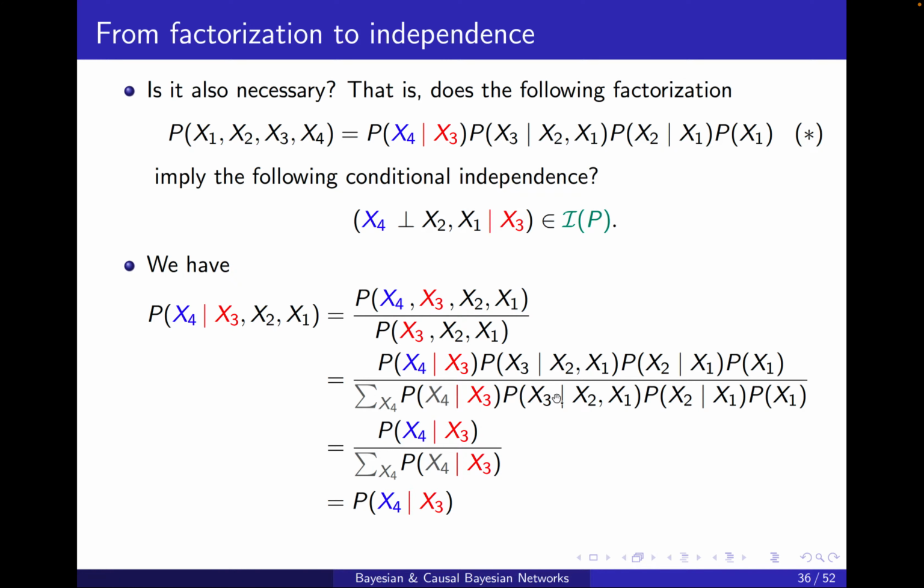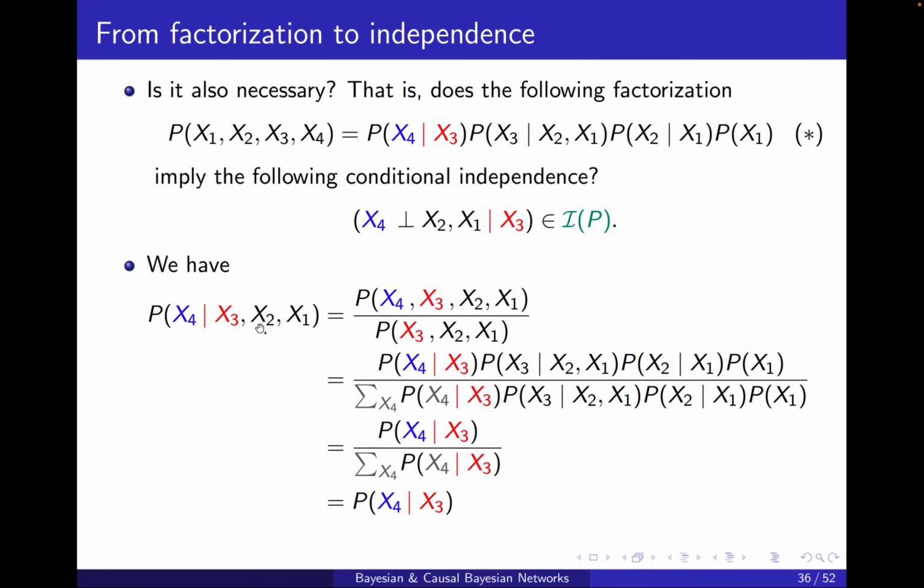Now, all these three terms are independent of x4, and they're the same in the numerator and denominator. We cancel them out, and we end up here. Now, x4 conditioned on whatever, summed over x4, this is just 1. So what remains is the numerator, and it is x4 conditioned on x3.